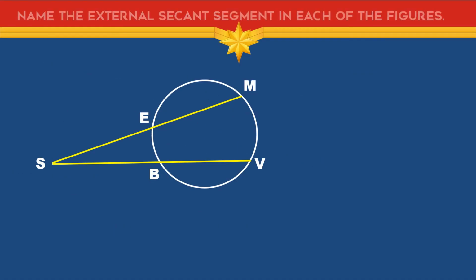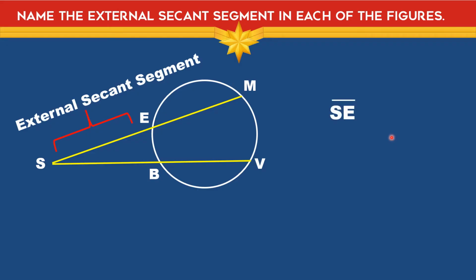In this example, let us name the external secant segment in each of the figures. Now, if we have secant SM, it is only a secant because it has no arrows on the left and right ends. Again, when we are referring to secant SM, what do you think is our external secant segment? The outside part.